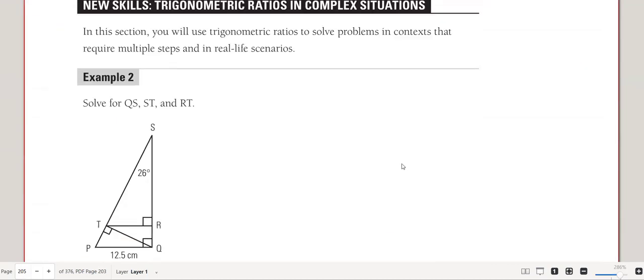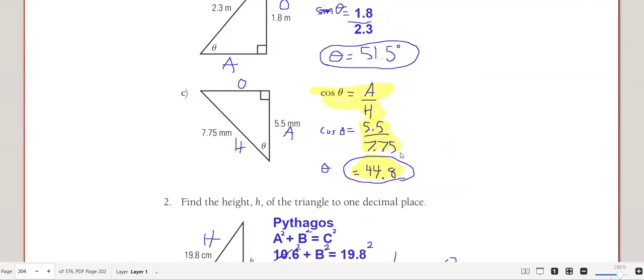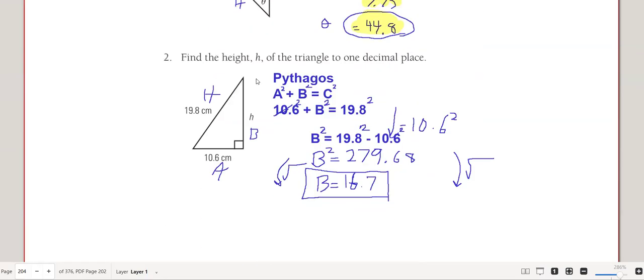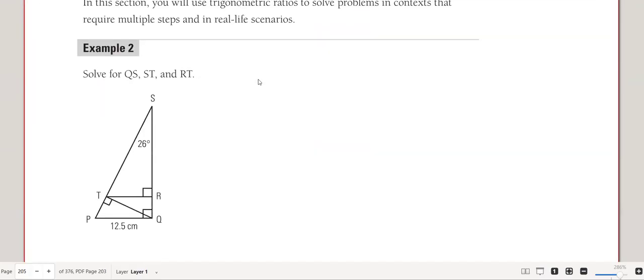So at this point, though, we should be able to take these skills of Pythagoras, finding an angle, and Pythagoras, finding a side with sides, and trigonometry, finding an angle or finding a side using angles, and apply them to more complex stuff. So in this case, it wants us to find QS. QS is this line right here, right?